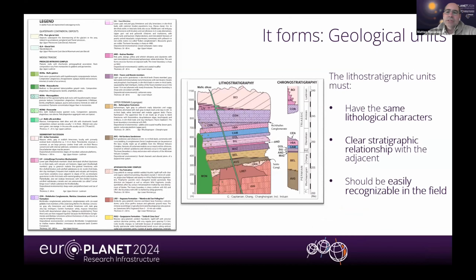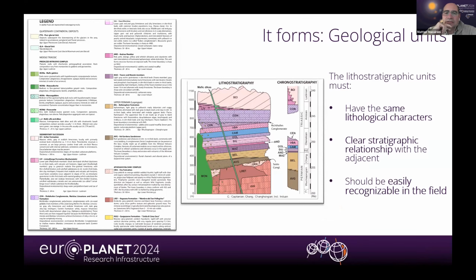The main geological unit that is described in a geological map is the lithostratigraphic unit. The lithostratigraphic unit should have some important characteristics.